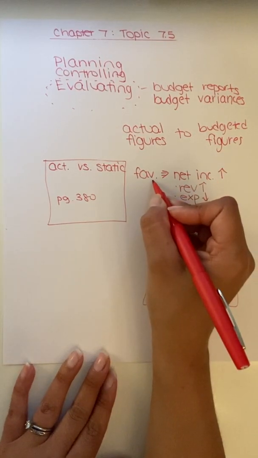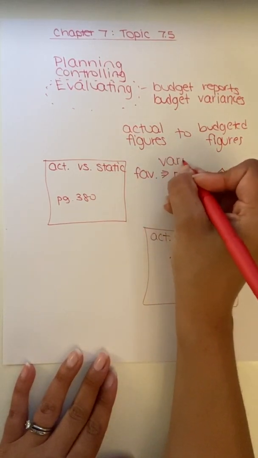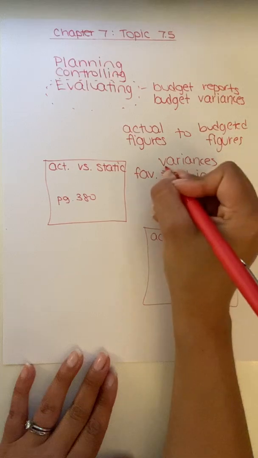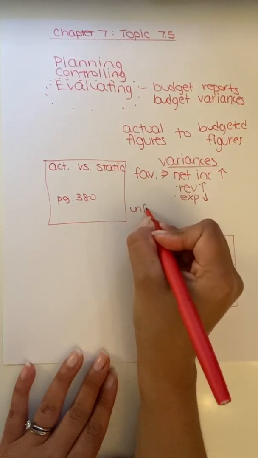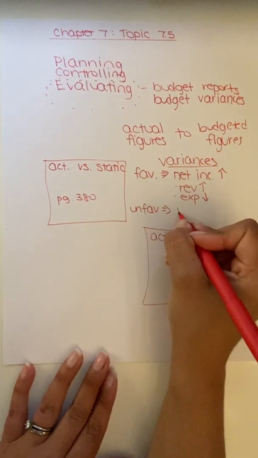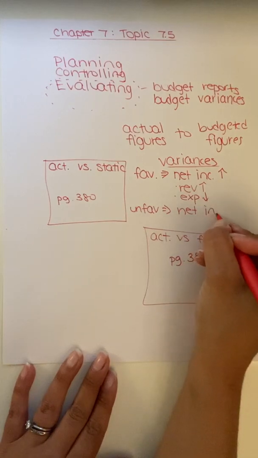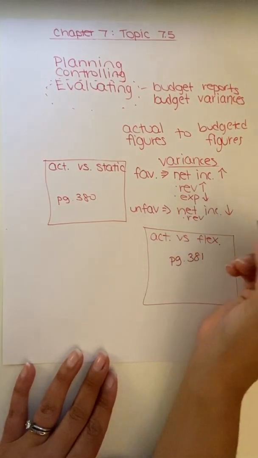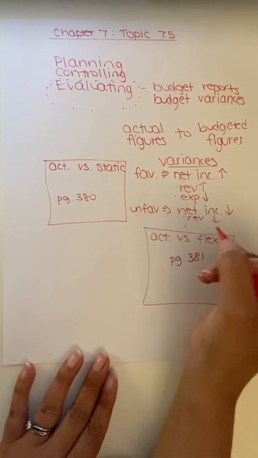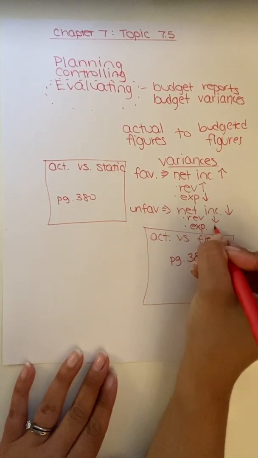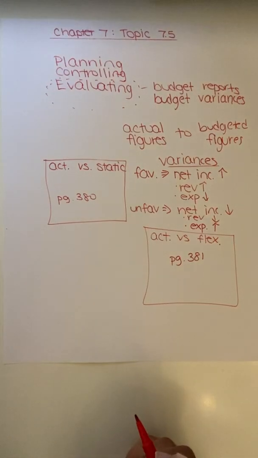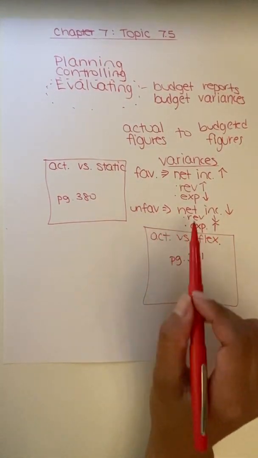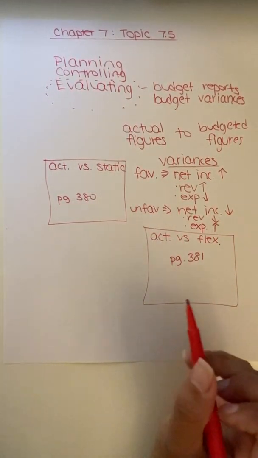That would be a favorable variance. If it is an unfavorable variance, it's the opposite. It means that net income was lower than we were anticipating. How does this happen? Your actual revenue was lower than you had anticipated, or your actual expenses were higher than you had expected. That's what can create an unfavorable variance.